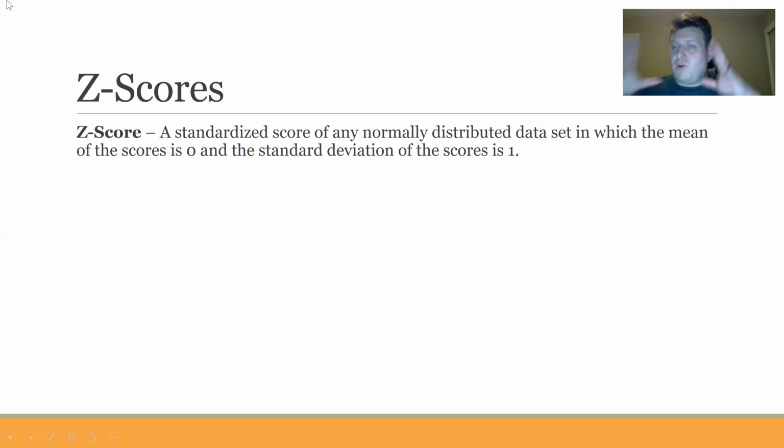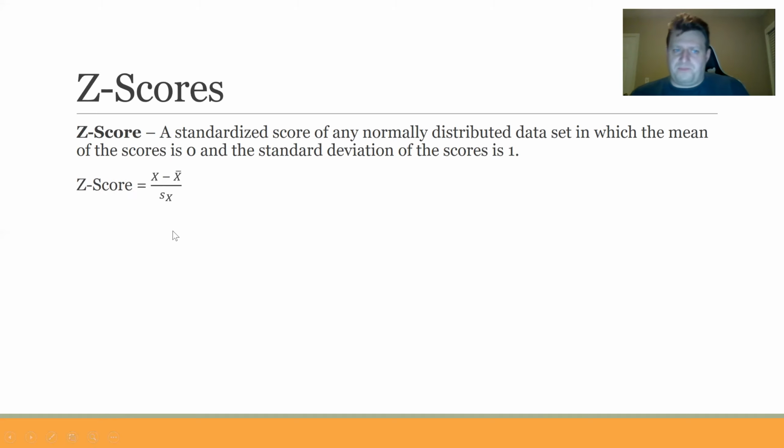If we convert all of the scores in the population to z-scores, the mean of the z-scores will be 0 and the standard deviation of the z-scores will be 1. So all of the z-scores will conform to that standard normal distribution. So how do we convert a score to a z-score?